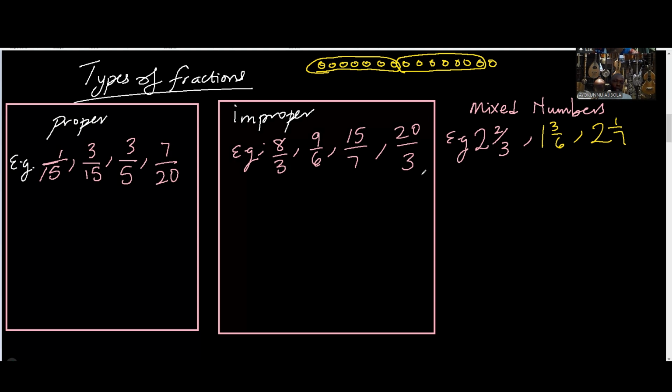Okay, the last one, we will not be counting 20, but we will still do it. So for the last one, 20 over 3, we want to change it to a mixed number. How many times does 3 go in 20? We can go by the 3 times table and say 3, 6, 9, 12, 15, 18.